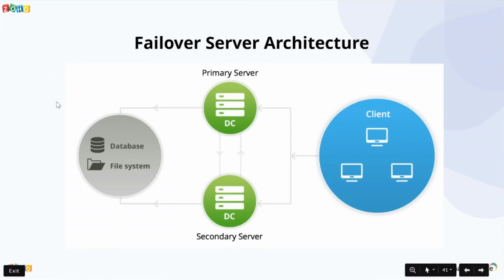Let us say I have my Desktop Central in my DC, and in my DR I can have another computer which has the application server, and the application servers in my DC and DR should have a shared database as well as file system. So the patch repository and the software repository should be shared between these two computers, and it should have an MS SQL database, either Enterprise or Standard edition, for handling the data.